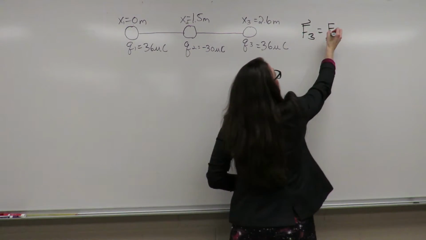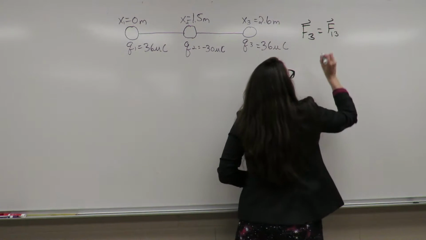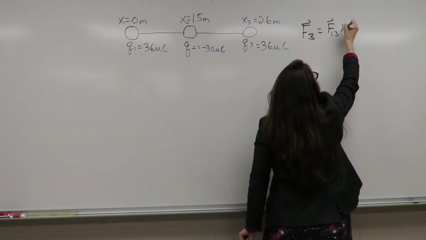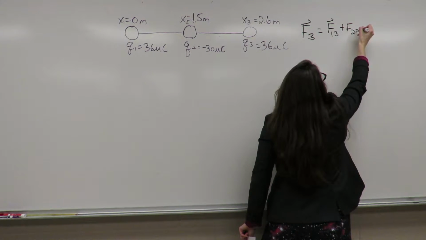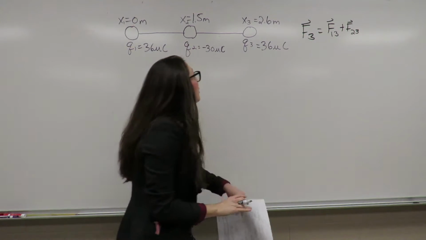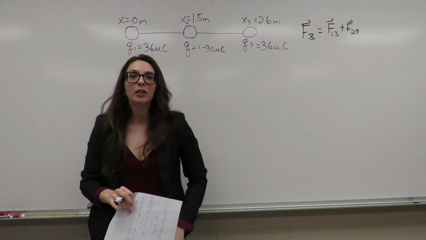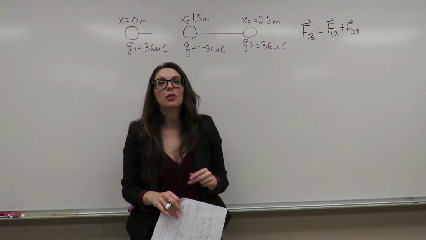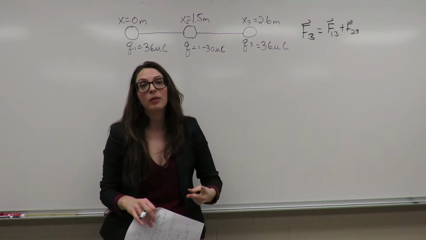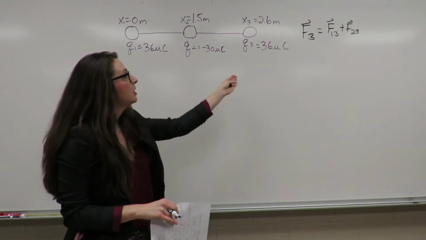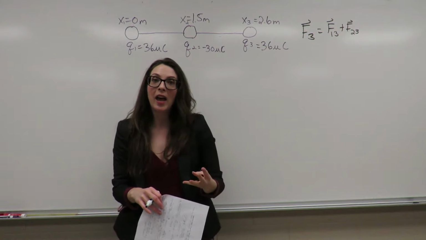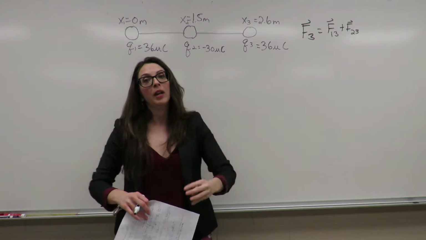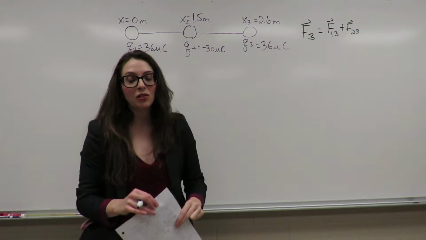We call that force F sub 1,3, the force of charge 1 on charge 3. We have to add that to F2,3, the force of charge 2 acting on 3. Forces are vectors, so they have a particular magnitude and a direction. Here, all of our forces are acting along the x-axis, so we're only going to have to deal with the x component of these forces in order to get our answer.